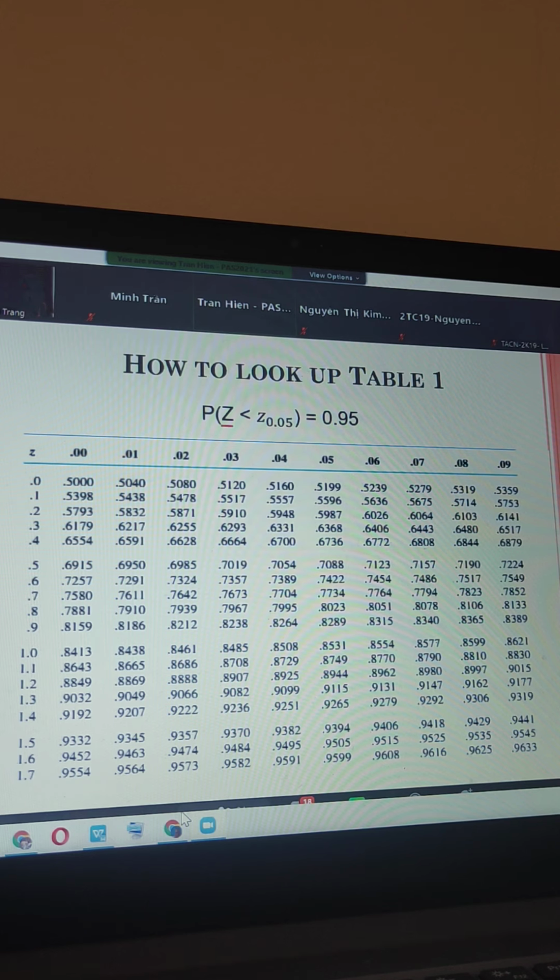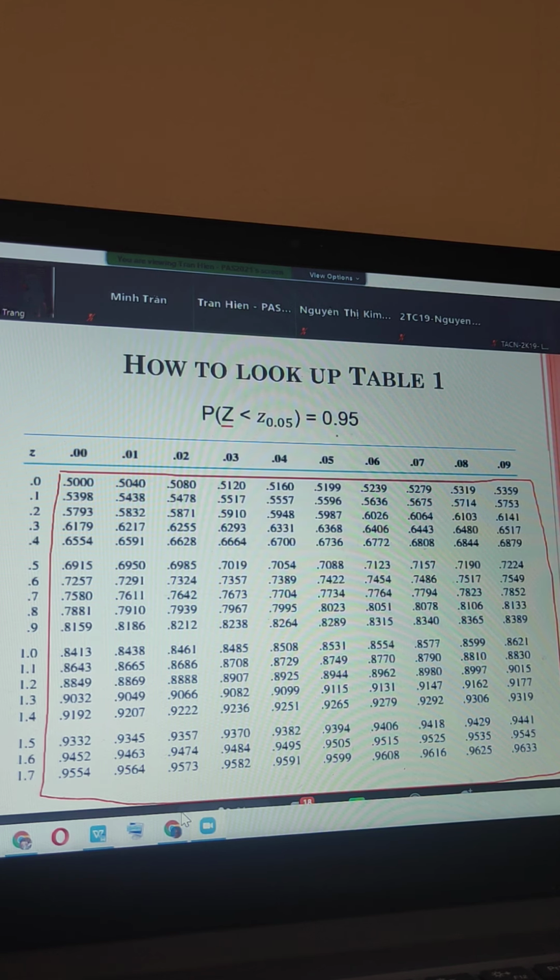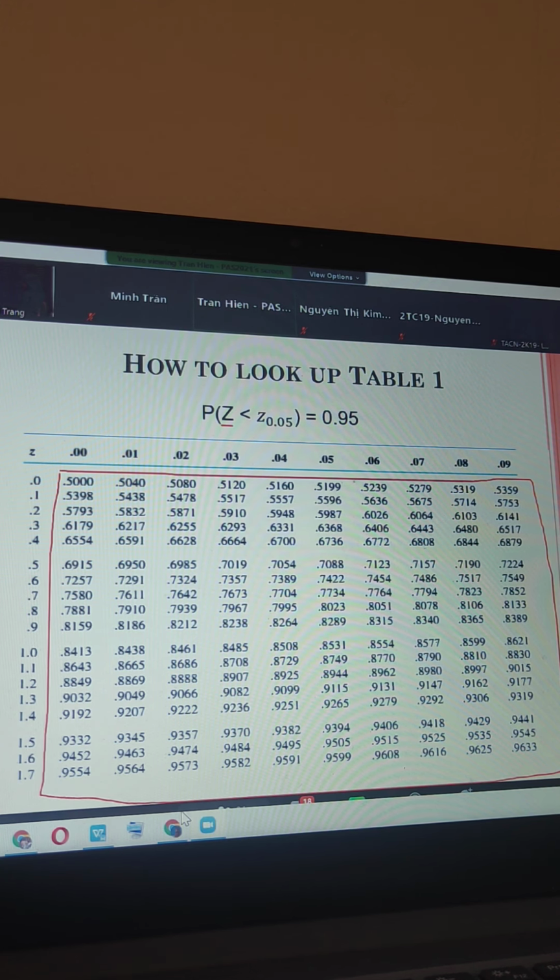We focus on the values of z. Because we know the probability 0.95, you have to search in the rectangular part here. We know the probability, or the area, so we have to search in the rectangular region.